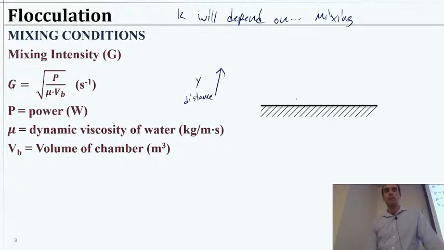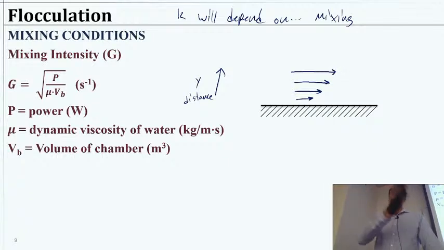and some velocity of water passing across your surface, it turns out there's going to be some drag forces, and your velocity term will grow as you go further away from your surface.